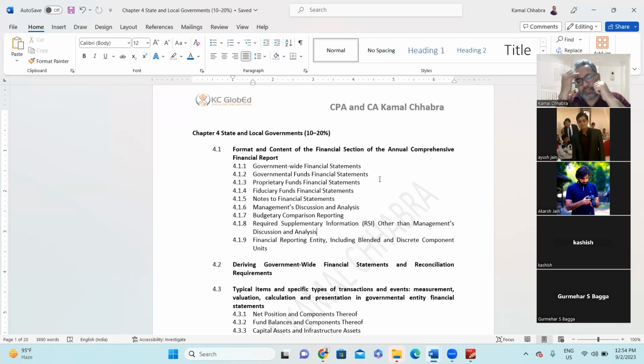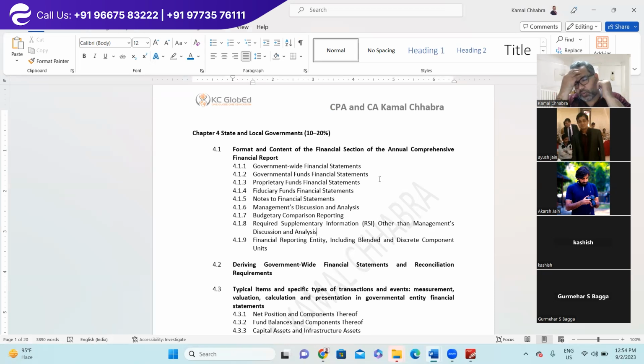So what was the inflow of that fund and what was the outflow of that fund is called respective governmental fund flows, right? For that, they need to make a separate financial statement which includes maybe your cash or any assets you have purchased, right? Or the fund you have received.